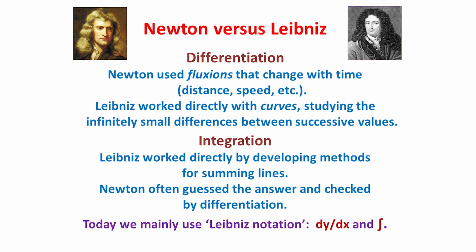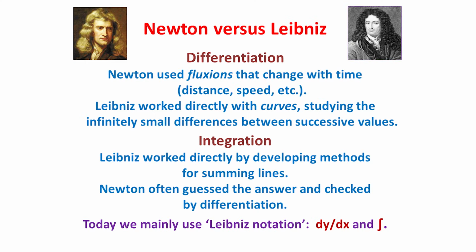And for integration, Leibniz worked directly by developing methods for summing lines, while Newton often guessed the answer and checked it by differentiation using the fundamental theorem. Today, we mainly use Leibniz's notation of dy by dx for differentiation and the integral sign for integration, two notations that he introduced 350 years ago, remarkably within just 3 weeks of each other.